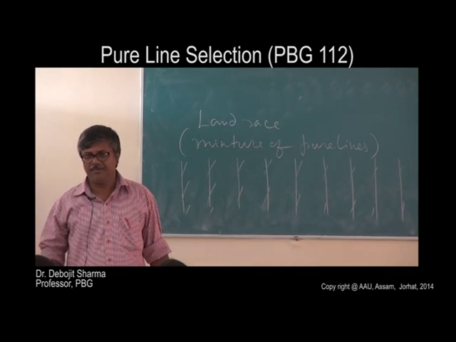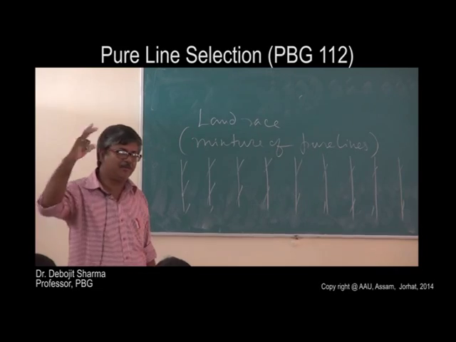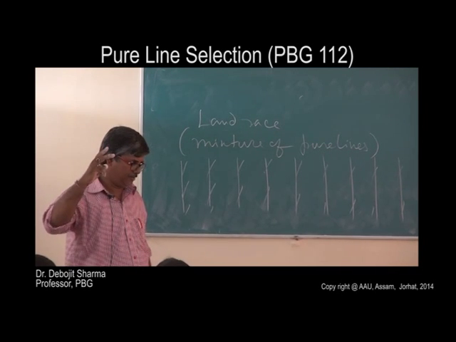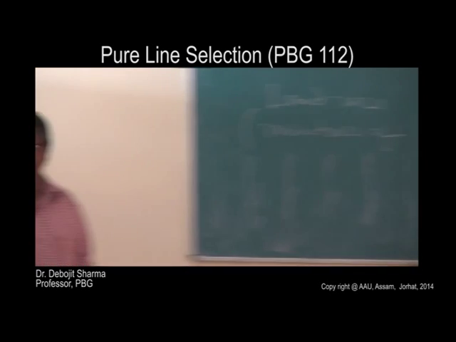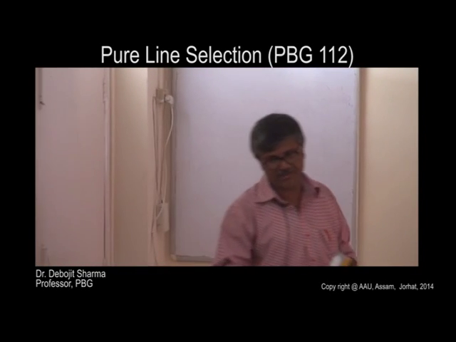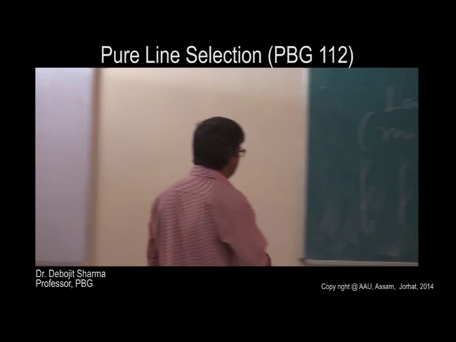If there is no variation, all individuals are similar, then this will indicate that the original plant was homozygous for that particular character.